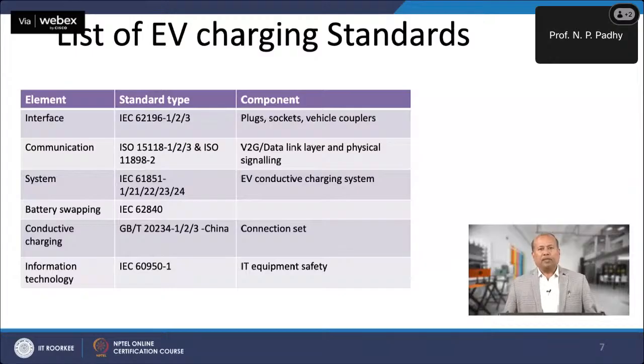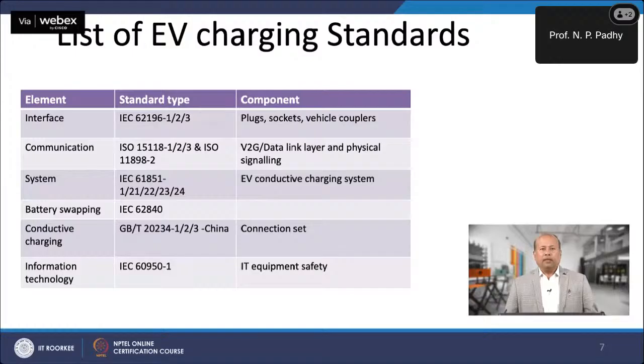The charging interface, which includes plugs, sockets, and vehicle couplers, follows IEC 62196-1/2/3. The communication protocol, that is V2G, data link layer and physical signaling process, follows ISO 15118-1/2/3 and ISO 11898-2.